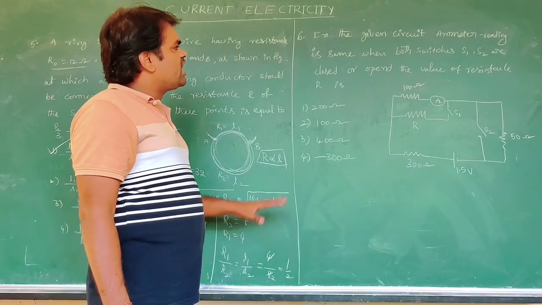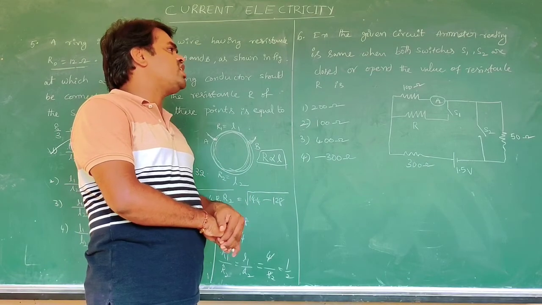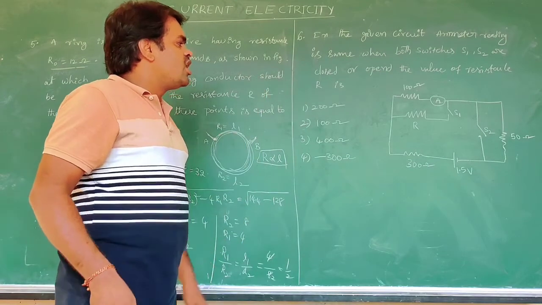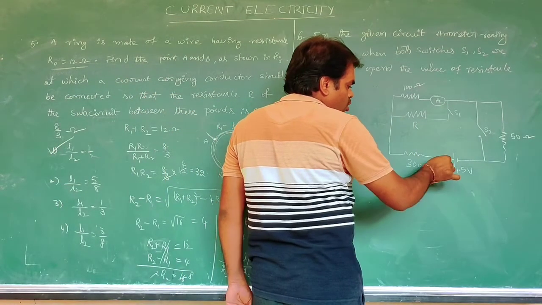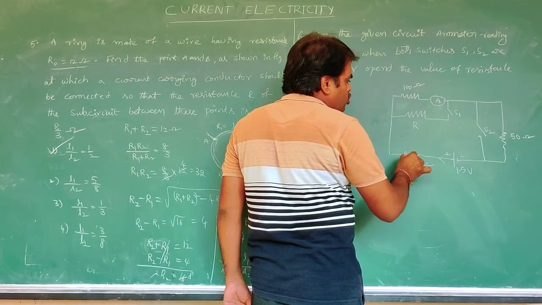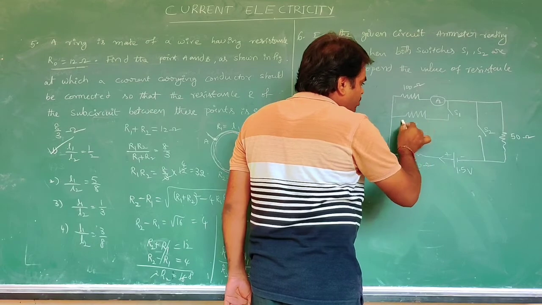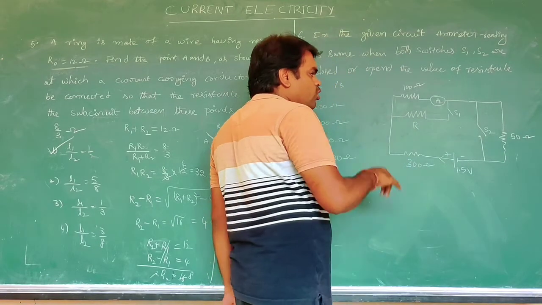See, in the given circuit, the ammeter reading is the same when both switches S1 and S2 are open or closed. The values of resistance are. Now first both switches are open. Both switches are open means the current will pass through this like this. It is unaffected by R. That is the total current when both switches are open.